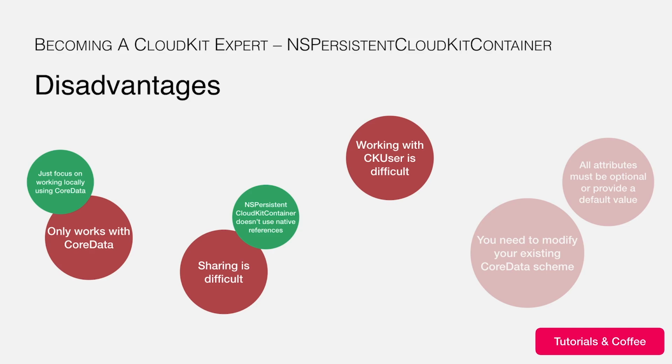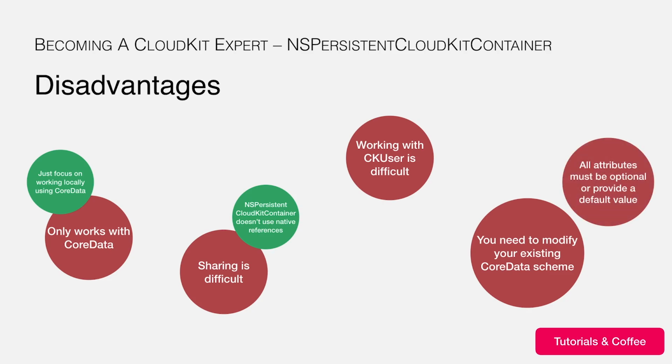And one last thing is that if we use the new NSPersistentCloudKitContainer on an existing project that uses CoreData, we might need to slightly modify the existing CoreData schema, because due to some technical reasons, all attributes of the entities need to be optional, or at least provide a default value. So yeah, these are the main disadvantages that I noticed.